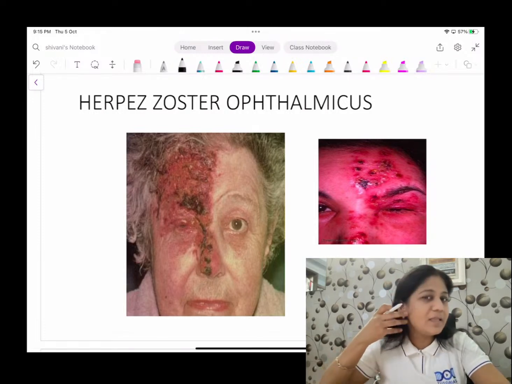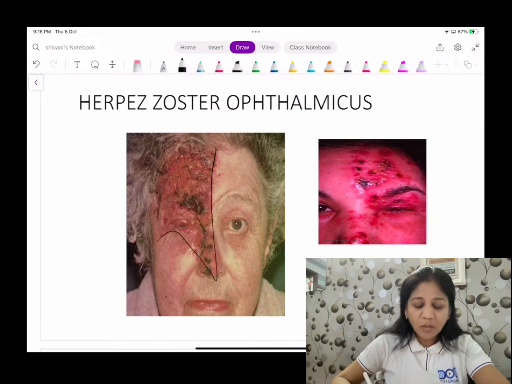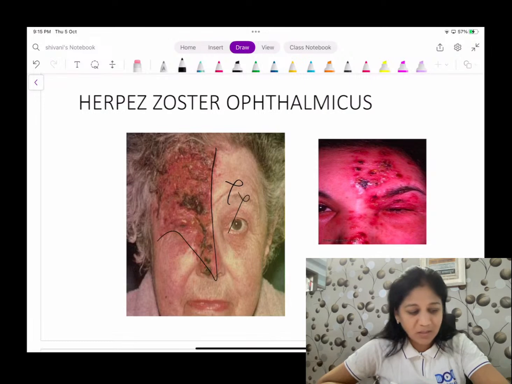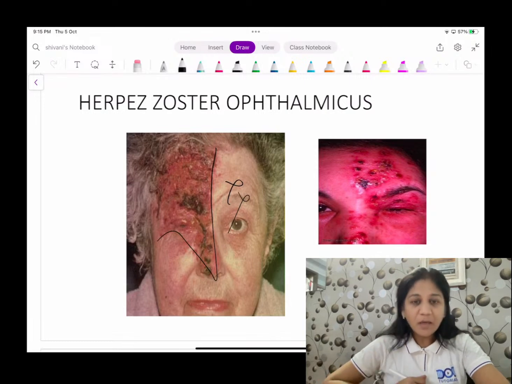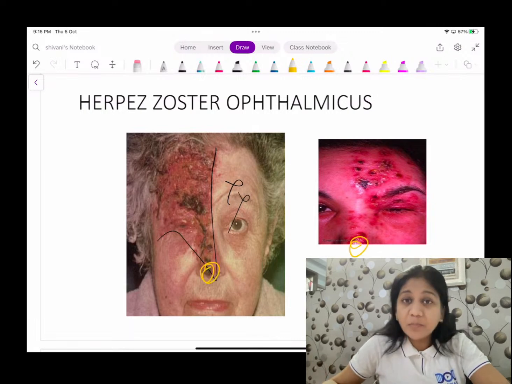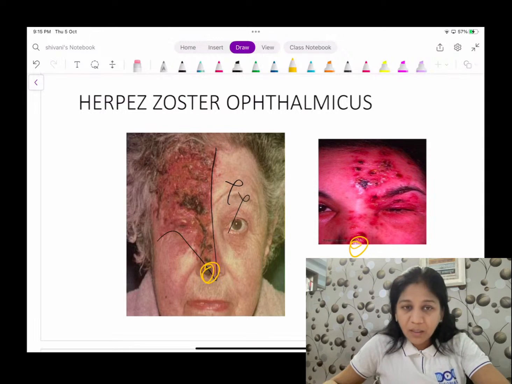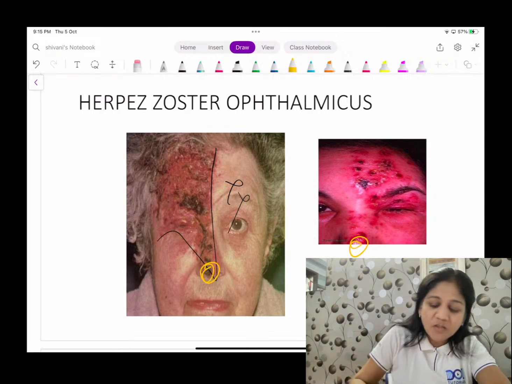Can you see the vesicles are affecting one side of the face, only half of the face, and they do not cross the midline? Second, you notice that vesicles are present at the tip of the nose. That means it is following Hutchinson's rule. So what is Hutchinson's rule, friends?